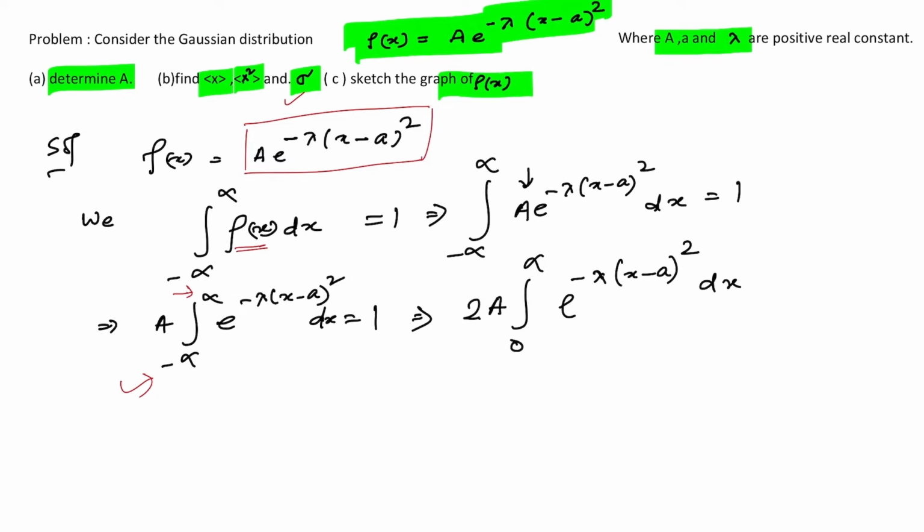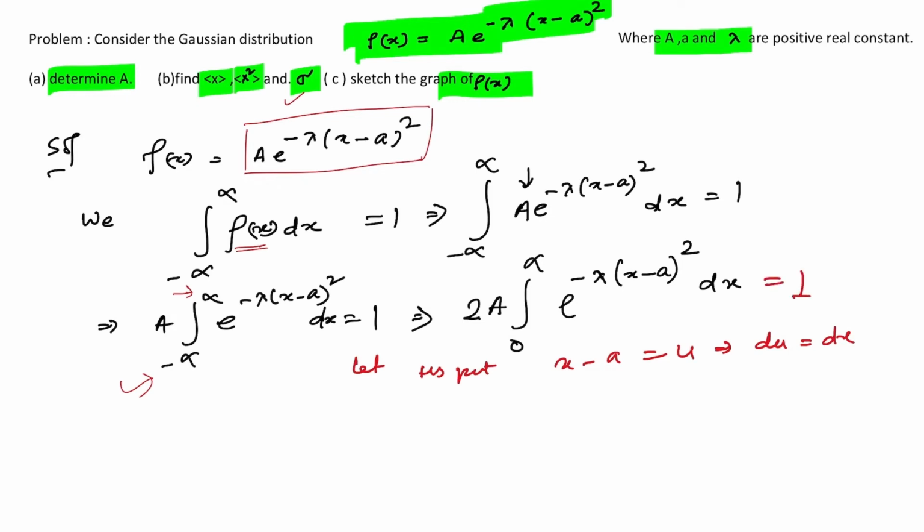So now let us assume, or let us put, x minus a is equal to u, which gives du is equal to dx.